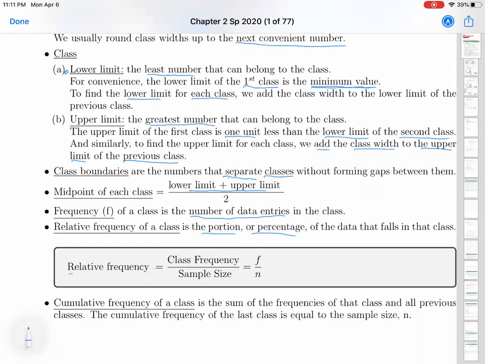In order to calculate the relative frequency, you take the class frequency divided by the sample size. Let's say f is the frequency of the class and n is the sample size, which is the number of data entries. This is how you find the relative frequency.